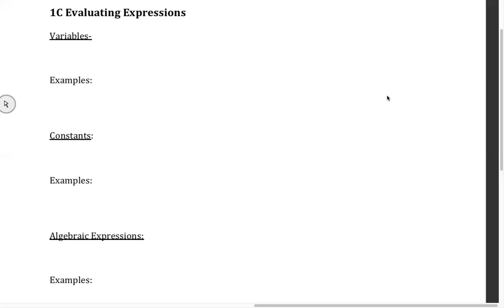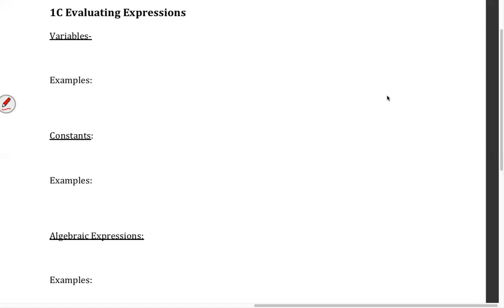Okay. So variables, let's pick on Kanye. Kanye, can you give me an example of a variable? Nice. What about you, Jack? Can you give me an example of a variable? X. X, very good.